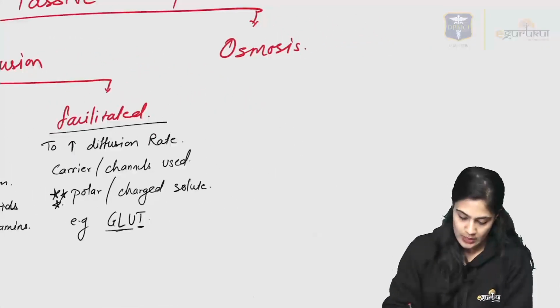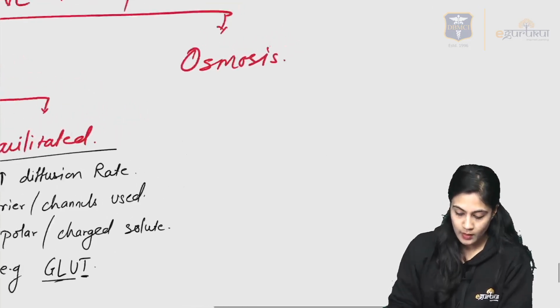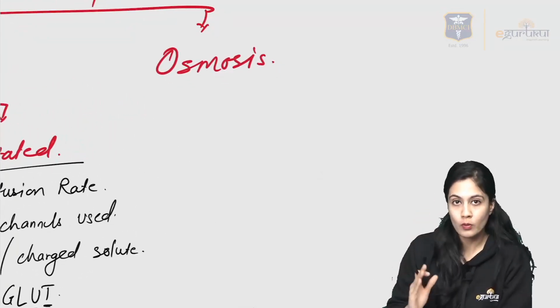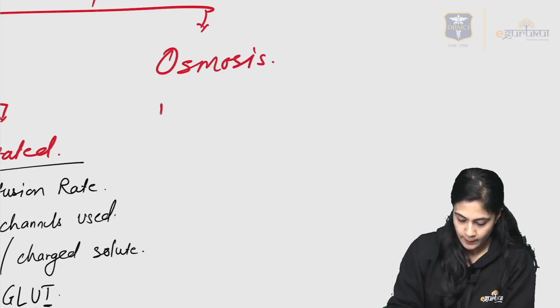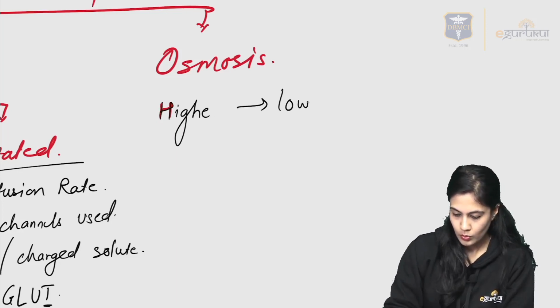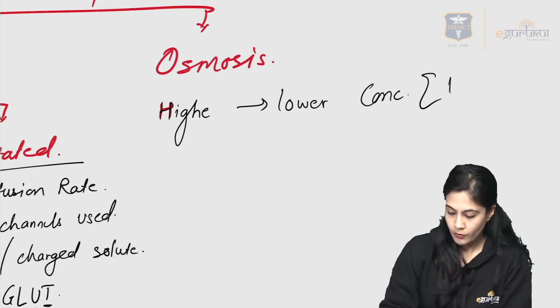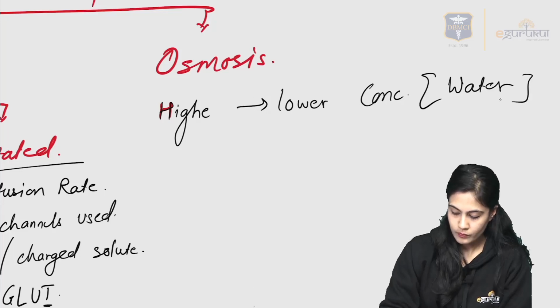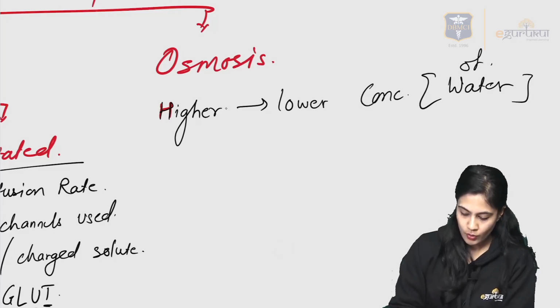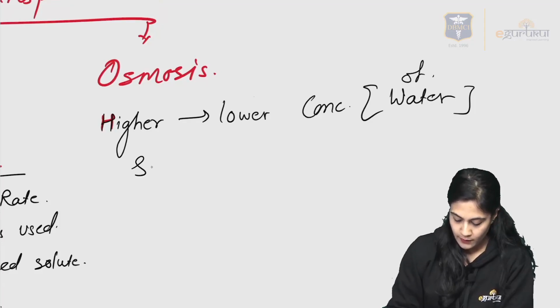Let's move on to osmosis. We are not going to talk much about osmosis over here because the major role is in the kidney. We will discuss it in a lot of detail there, but for now you should remember that in osmosis movement goes from higher concentration to lower concentration, not of the solute, but of water. Higher concentration of water to the lower concentration of water. Remember, that is known as osmosis, right? What is the significance of that?